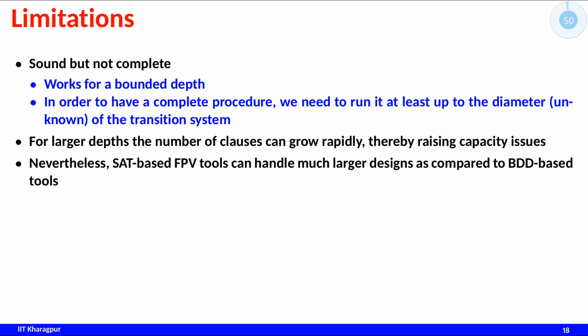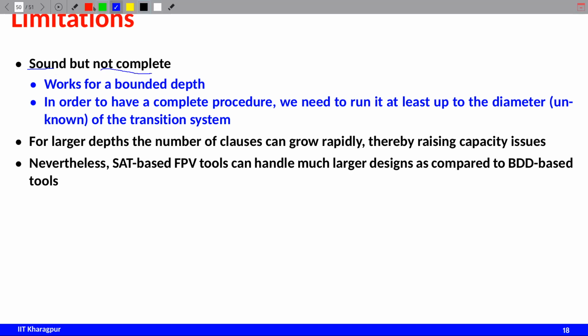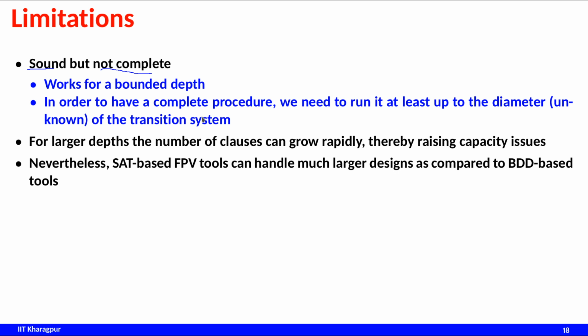There are limitations. One of the major limitations is that it is sound but not complete. When I say that this is UNSAT, that means I cannot say whether it will really be satisfiable or really unsatisfiable, because it is not satisfiable up to length k.